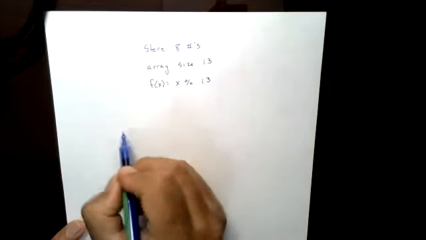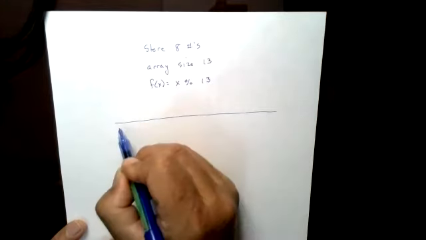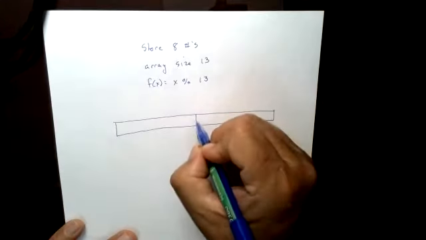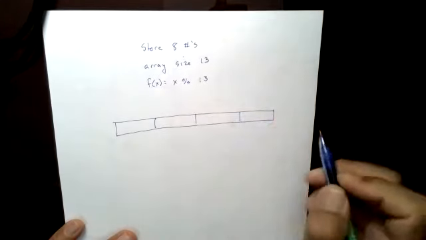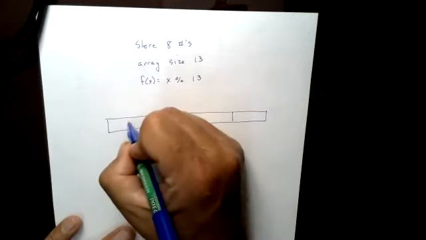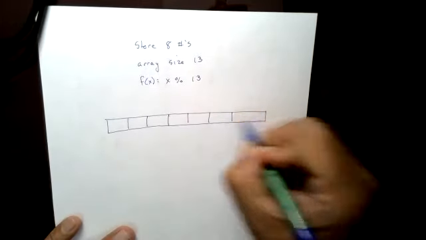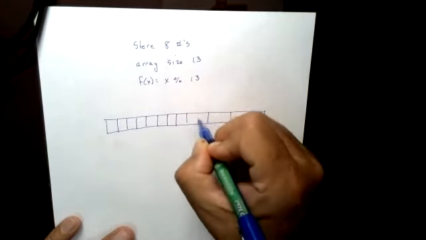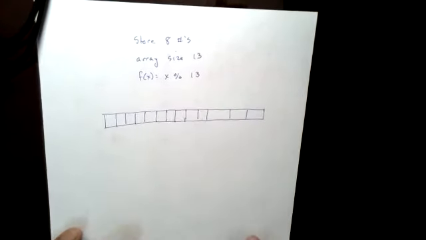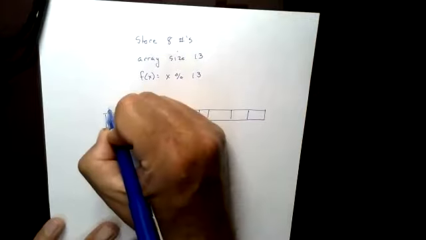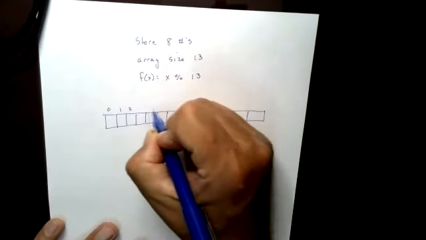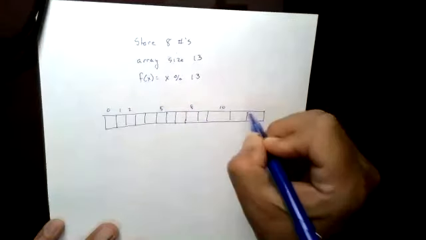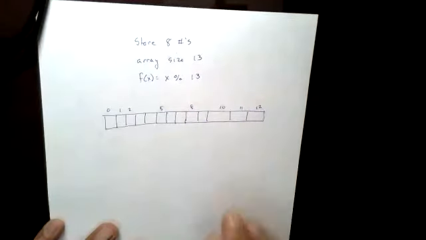So now I'm going to create an array of size 13. That's 1, 2, 3, 4, 5, 6, 7, 8, 9, 10, 11, 12, 13. That gives me 13 numbers. These get a little funky out here: indexes 0, 1, 2, 3, 4, 5, 6, 7, 8, 9, 10, 11, 12.